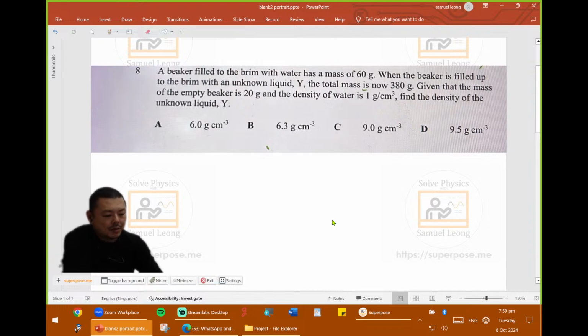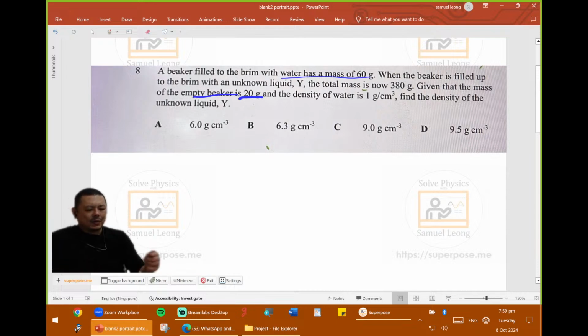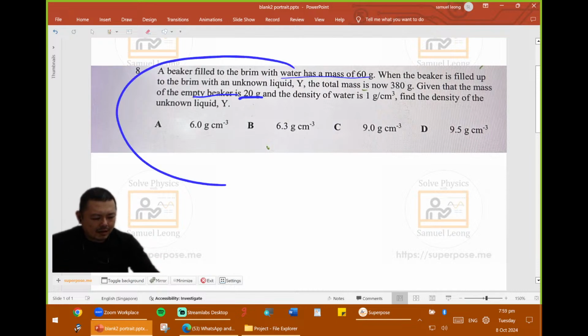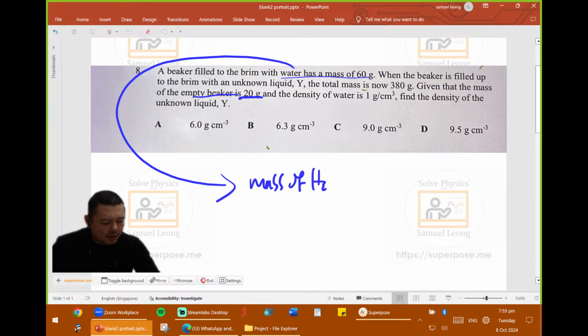They said the empty beaker is 20 grams, but when you fill it up with water, it's 60 grams. So what's the mass of water? The mass of H2O is equal to 40 grams. So what's the volume of water then?